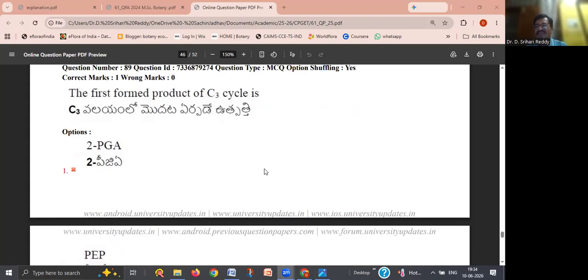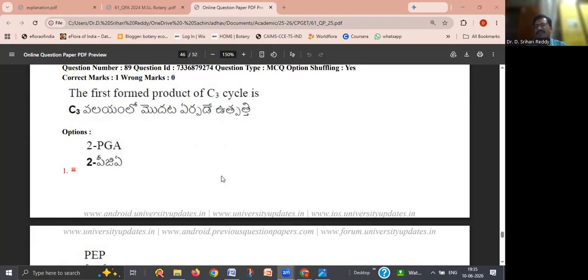In the presence of carbon dioxide, that reaction is called carboxylation, because it takes carbon dioxide. In the presence of Rubisco, if the carbon dioxide concentration is more than 40 ppm, carboxylation takes place and 3-PGA is formed.